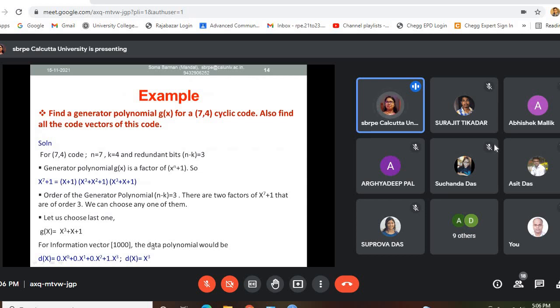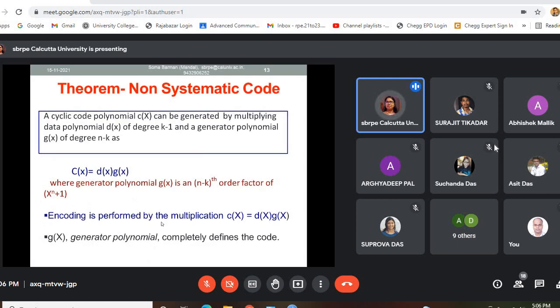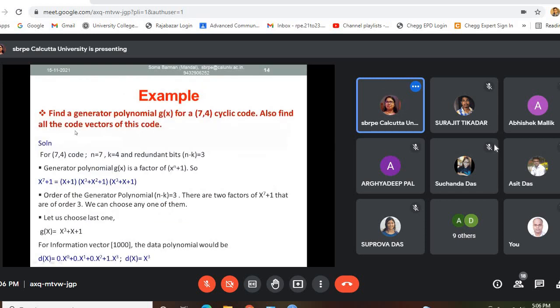Now take an example of how you can generate the non-systematic cyclic code based on this theorem. We have to find the generator polynomial gx for a 7-4 cyclic code. Also find all the code vectors of this code.